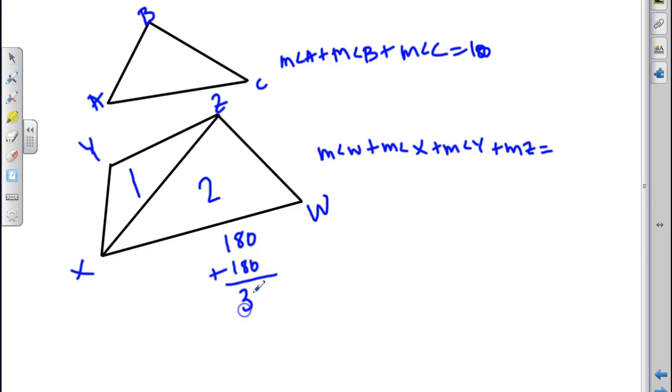Well, 2 triangles is 360 degrees. So any quadrilateral has to add to be 360 degrees. The sum of the interior angles have to add to be 360 degrees. All right, let's practice on one.